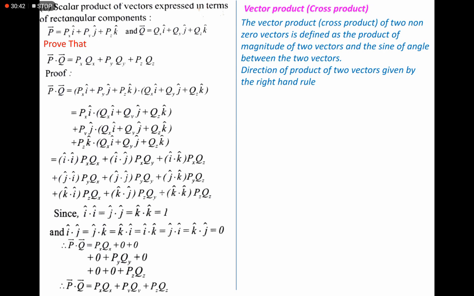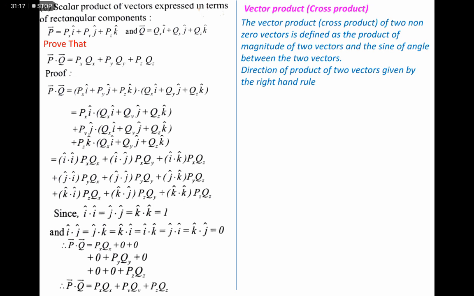Actually, it is very easy to keep in mind. For the dot product of two vectors, there is the cosine of the angle between them, and here we have to consider the sine of the angle between the two vectors when the vector product has to be considered.